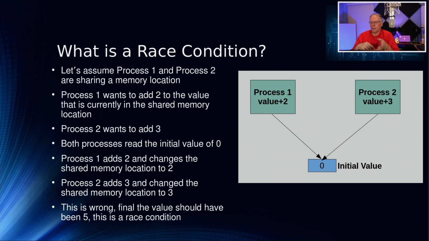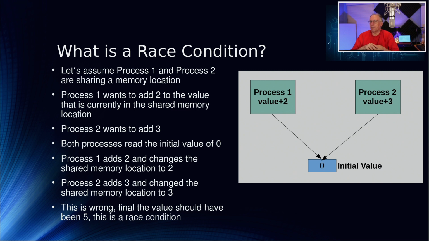So both processes, if I don't have any protection at all, will immediately start. They'll read the initial value as 0. Process 1 will add 2, and it'll write back a 2 into that initial value. Process 2 has read the value as 0. So it adds 3 to 0 and it writes 3 back onto the value that's in memory. That's not what we wanted, because what we were wanting these two to do was to count up, right?